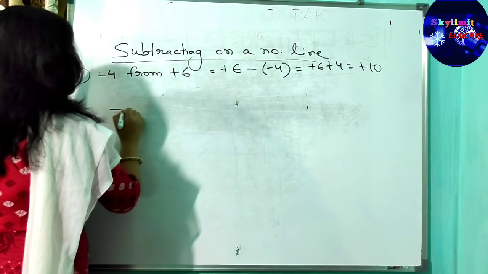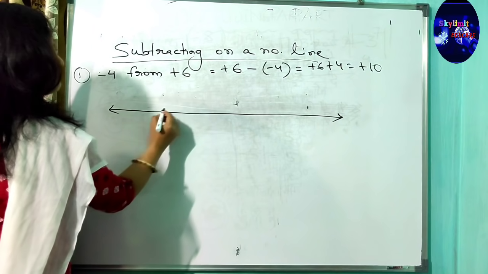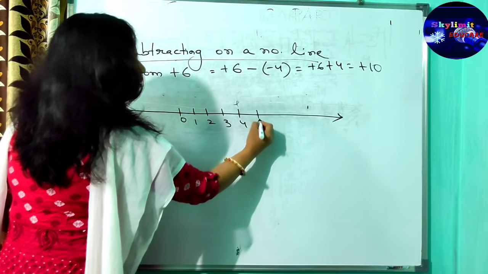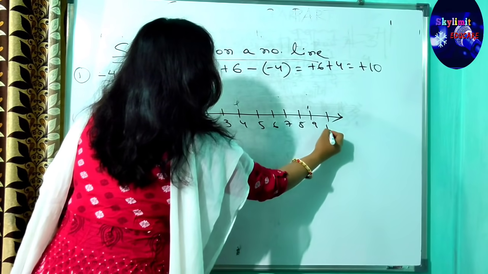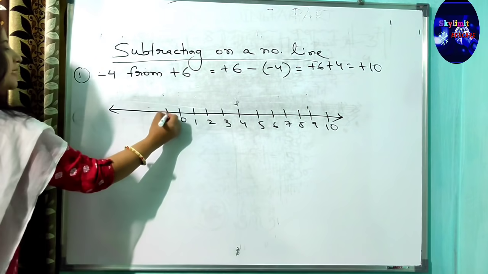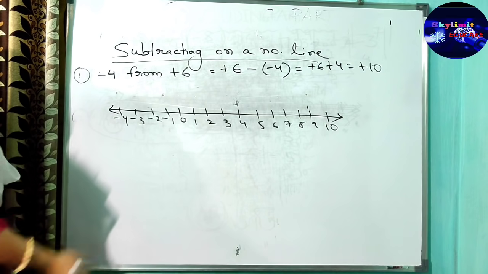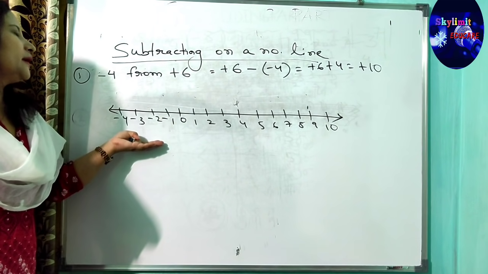So let us draw the number line. 1, 2, 3, 4, 5, 6, 7, 8, 9, 10. Minus 1, minus 2, minus 3, minus 4. Okay, we have already drawn the number line.